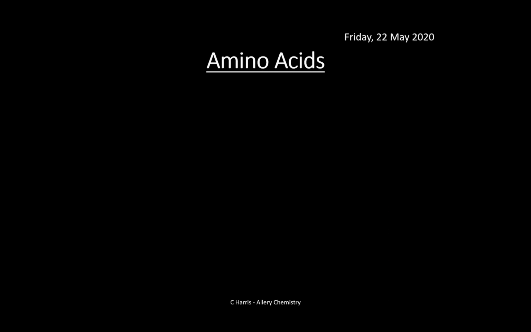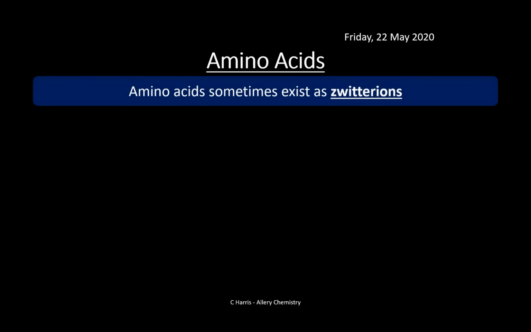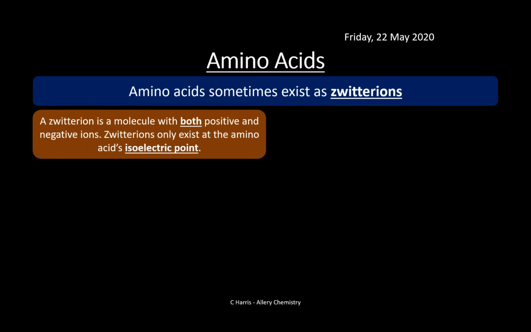Okay, so amino acids, like we said early on, are actually amphoteric, and so therefore they act as acids and bases. Now, amino acids can also exist as something called Zwitterions, which is somewhere along the line of them being amphoteric. So a Zwitterion is just a molecule with both positive and negative ions.